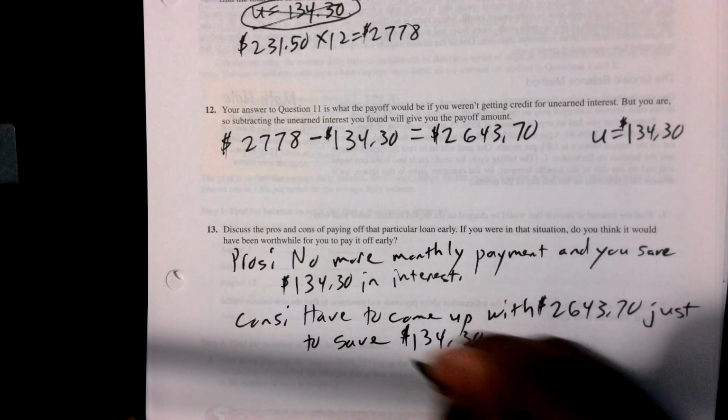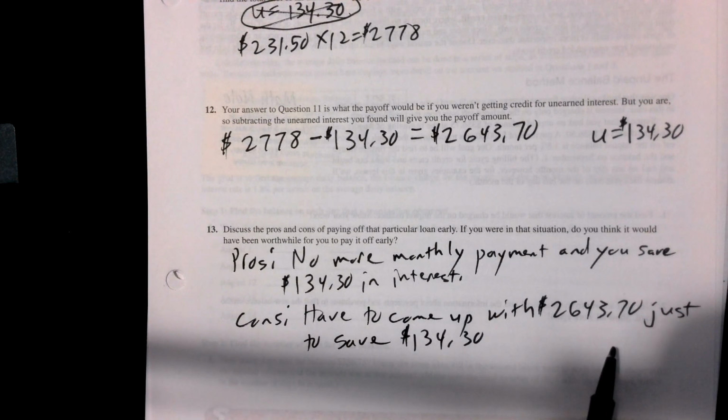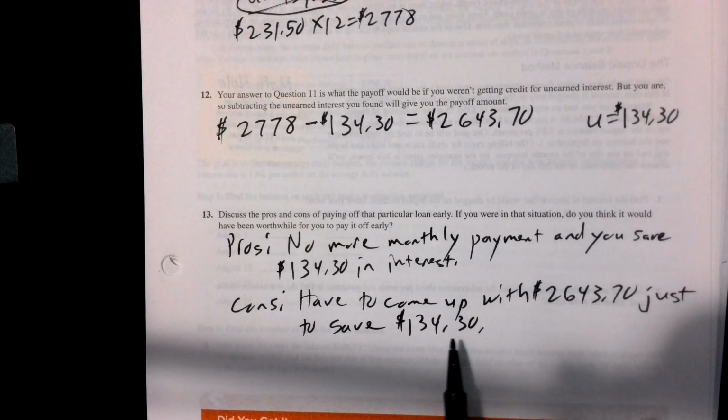Now this could be a con. If you have the money, then saving the $134.30 would make sense. You could go ahead, pay it, and then you would save that money. But if you don't have the money, just thinking about it as a con is like, well, you're only saving $134, but paying this lump sum of money could set you back longer than a year.